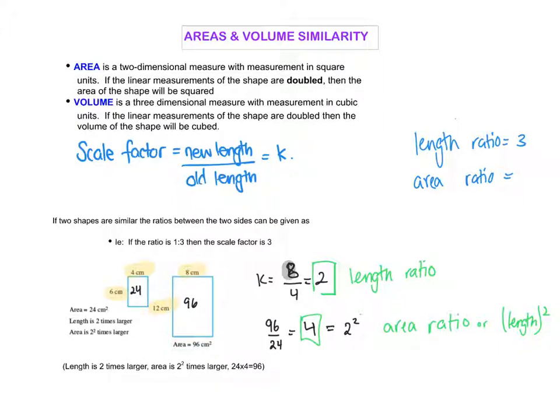If I go 3 squared, what will it be? 9, good. So what if I said the length ratio was 4, what do you think the area one would be? 16. Good, it would be 16 because it's 4 squared. Excellent. So that's what we're going to start looking at, and we might use that fact to compare.